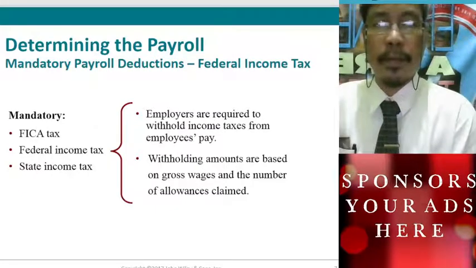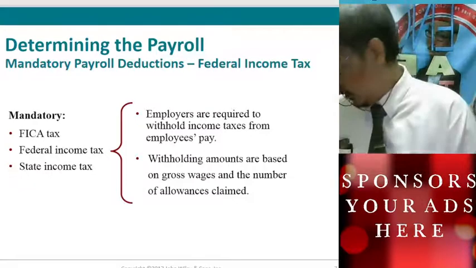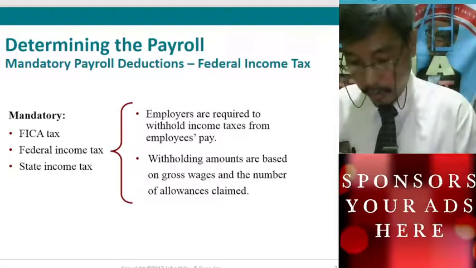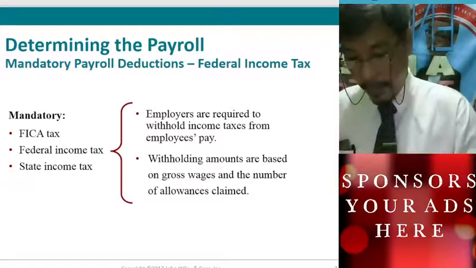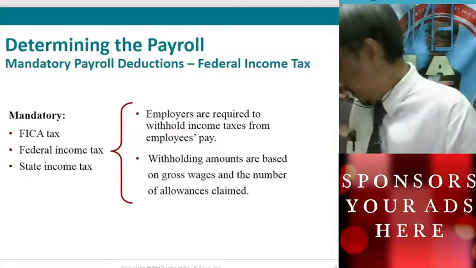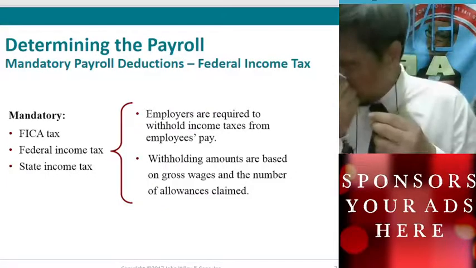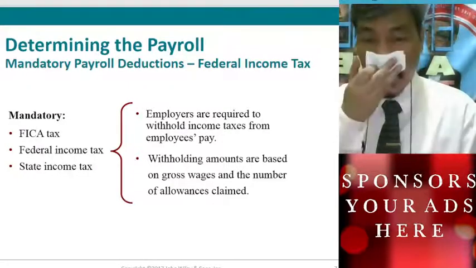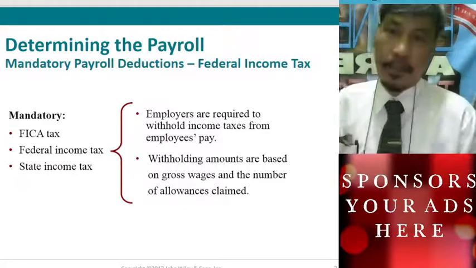Okay? Federal income tax. What is there in the federal income tax? Because they have a federal government, meaning the national level, they have national tax. We have local level, we have state. In our country, we have income tax only for national level.